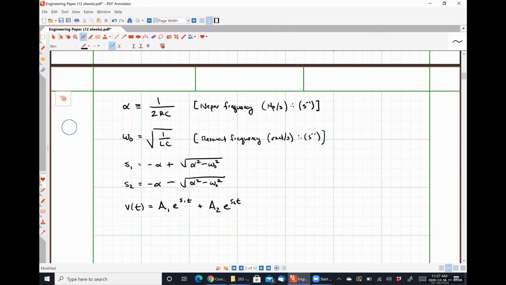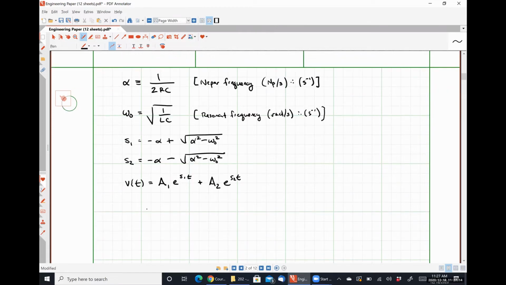I also want to point out one other thing here. There are 3 different conditions that we can have with respect to alpha and omega naught. When alpha is greater than omega naught, we consider our system to be overdamped.